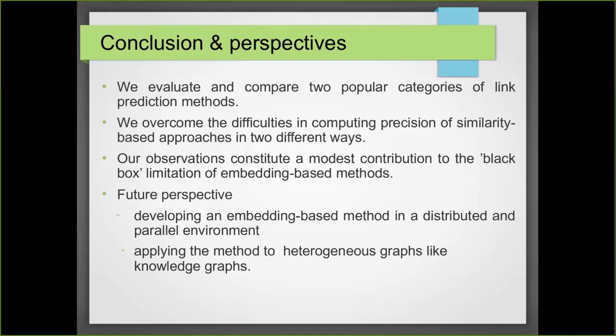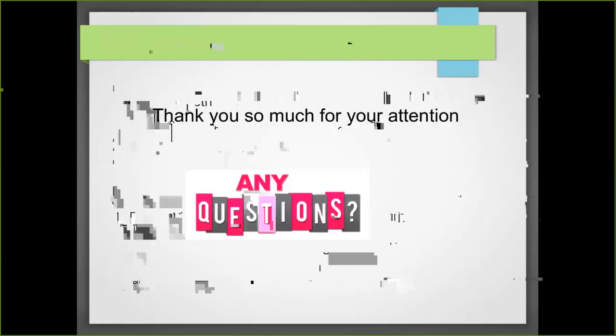Our observation constitutes a modest contribution to the black box limitation of embedding-based methods. Future perspectives could be developing embedding-based methods in a distributed and parallel environment to improve their computational time, and also applying the methods to heterogeneous graphs like knowledge graphs, because many real-world graphs are heterogeneous. And these are the references, and thank you so much for your attention.